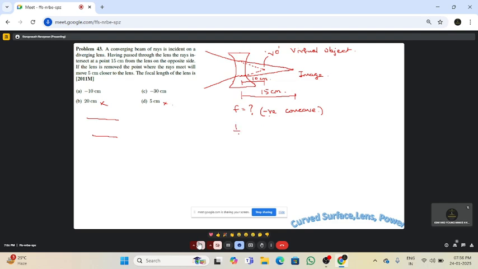So 1 by f is equal to 1 by v minus 1 by u. 1 by v is image distance. Image distance 15 cm on the positive side, so plus 15.